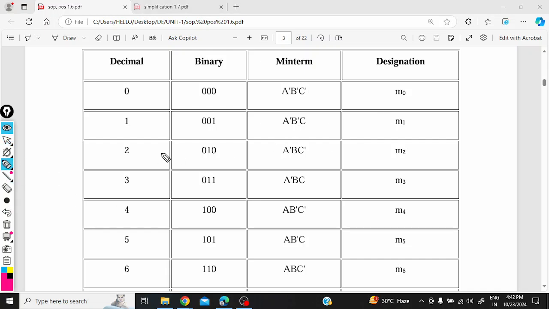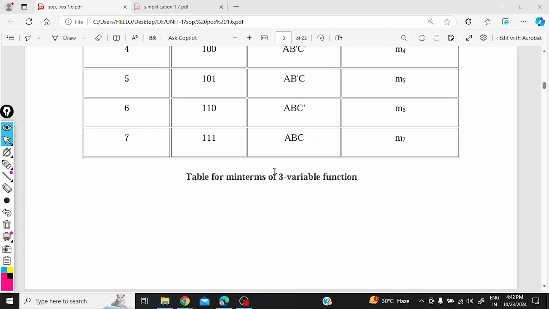If 0 is the decimal number, it can be represented as 000. This is a dash b dash c dash, which is represented as m0. Similarly, 001 is a dash b dash c, and that is m1. This count will go till 7, that is 111, that is abc, that is m7.